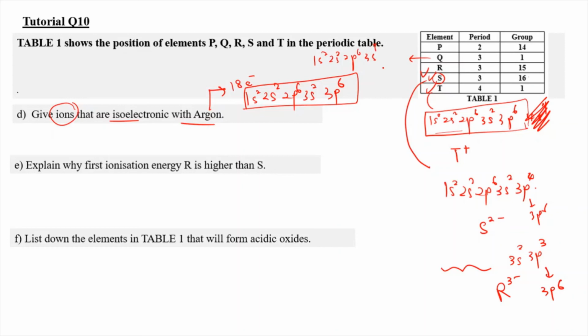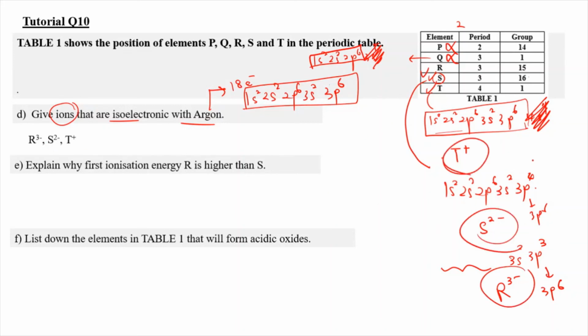So it usually donates 1 electron, and as a result, it becomes 1s2, 2s2, 2p6, which is not the same. That is why Q isn't accepted, and P will also not be accepted because it only has n equal to 2, which is very far away from 3. So the answer here is R3 minus, S2 minus, and T plus.